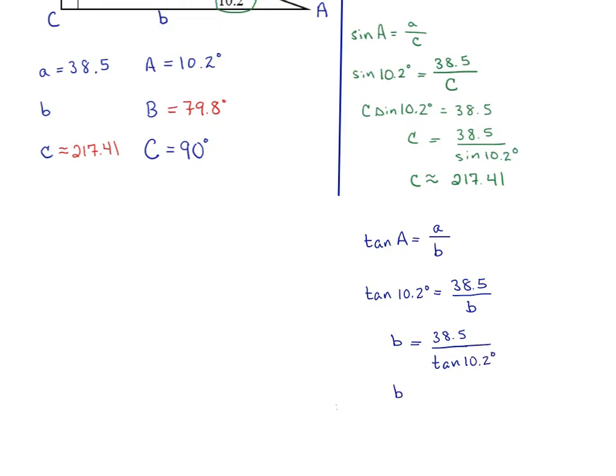Using our calculator in degree mode, we should obtain b to be 213.97. So b is approximately 213.97 in our inventory.